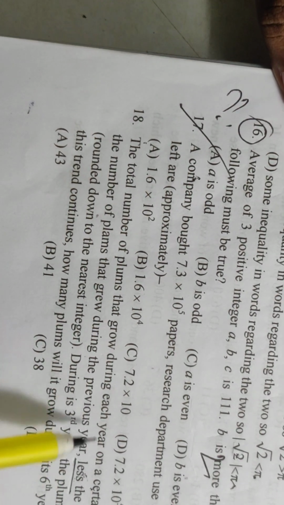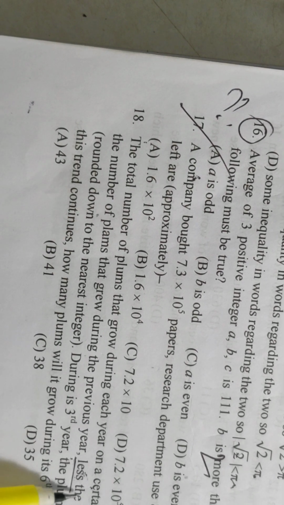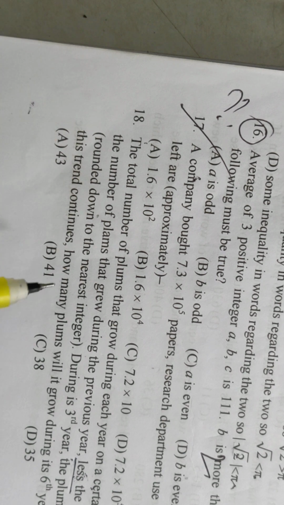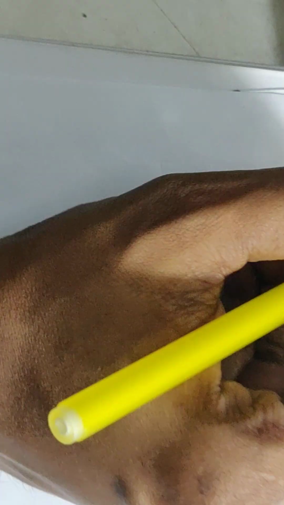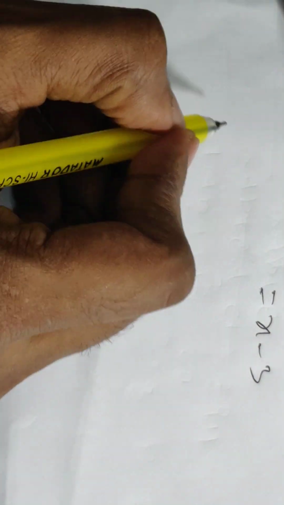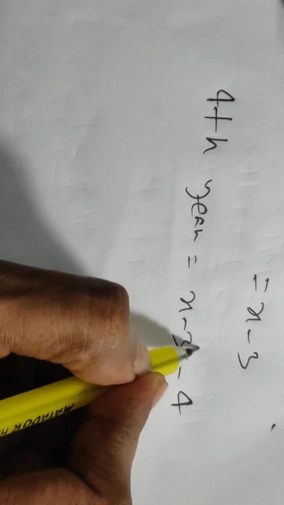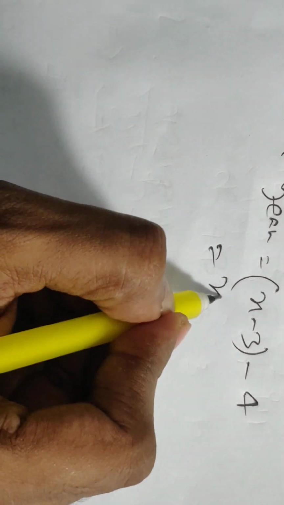In the third year, 2 less, so x minus 3. In the fourth year, 3 less, so x minus 6.